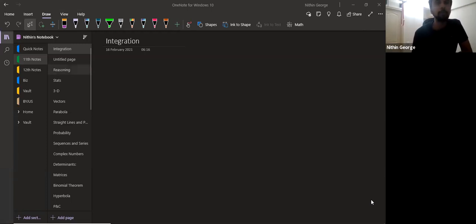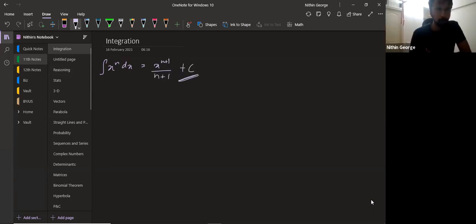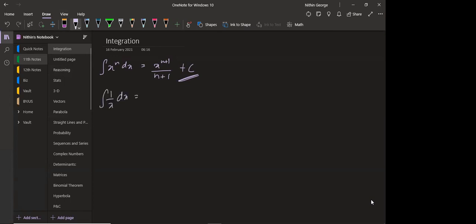You guys tell me integration formulas. Integral of x power n dx. You have already done this. That's why I'm asking. x power n plus 1 by n plus 1 plus c. Good. Next, 1 by x dx: log mod x plus c.